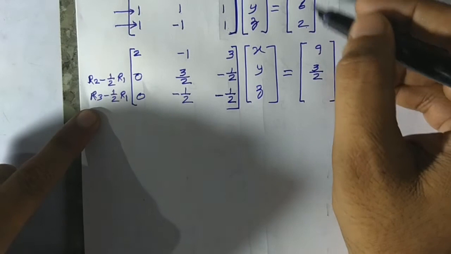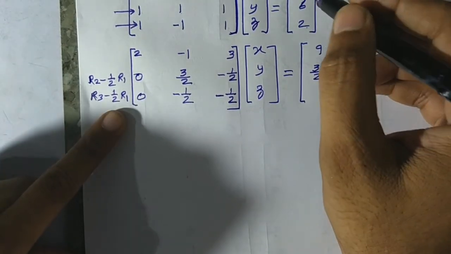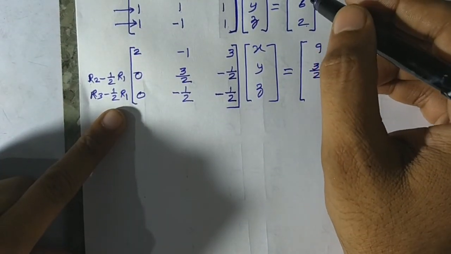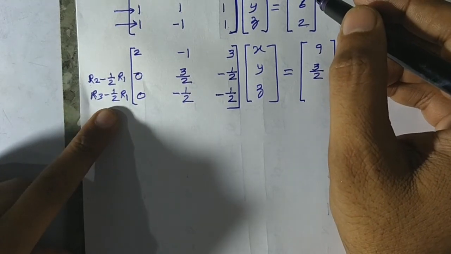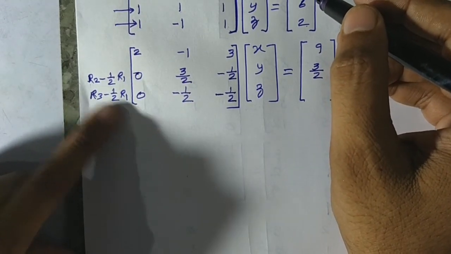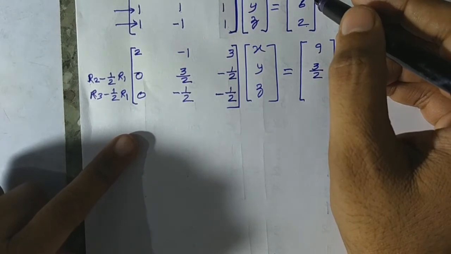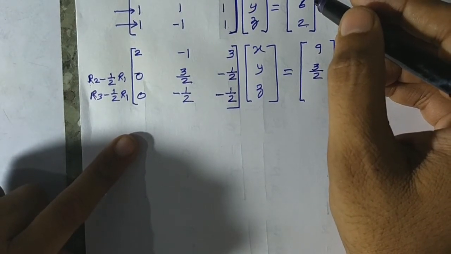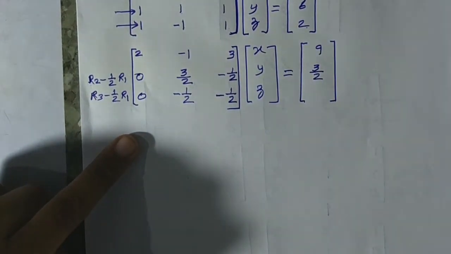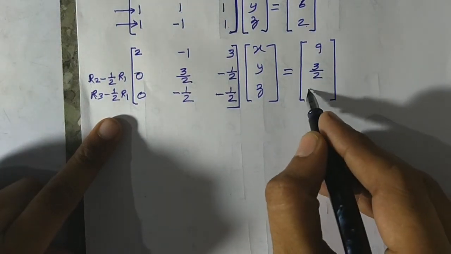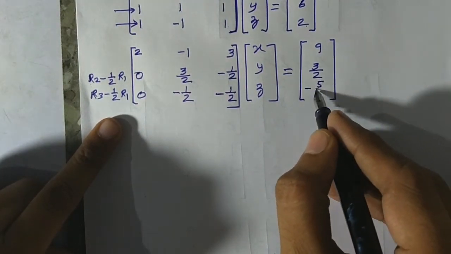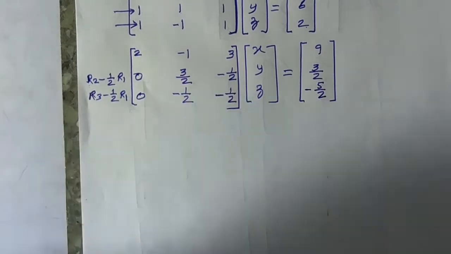So substituting here, we have 2 minus half into 9, 9 upon 2. So 2 minus 9 upon 2, taking LCM, we have 2 2s are 4, 4 minus 9 upon 2, that is minus 5 upon 2.